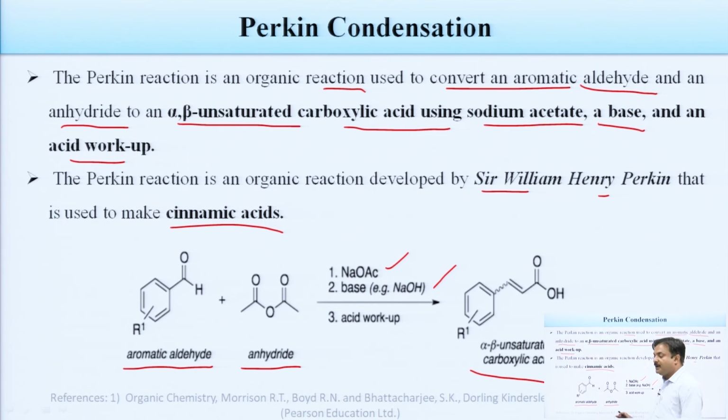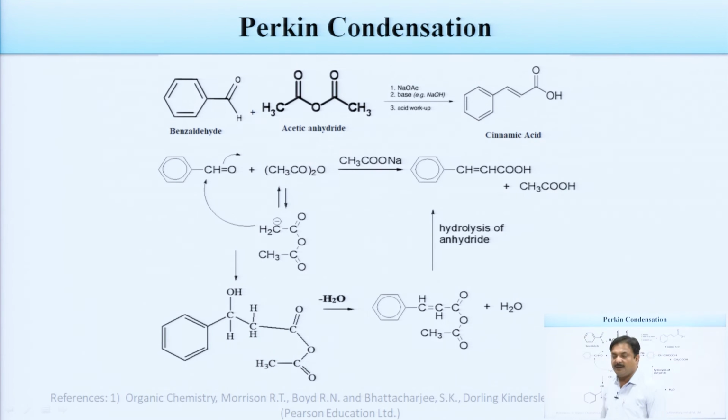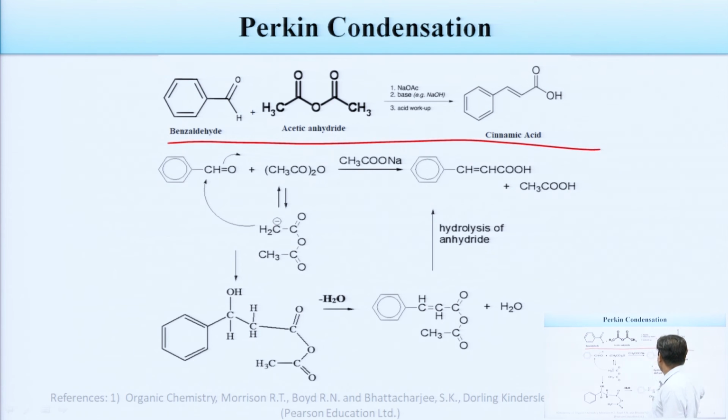So, again I just want to remind you that when aromatic aldehyde is reacting with the acid anhydride in the presence of sodium acetate or a base like sodium hydroxide, we are getting alpha beta unsaturated acid as a result. Now, coming to the mechanism. This is the reaction which we have discussed.